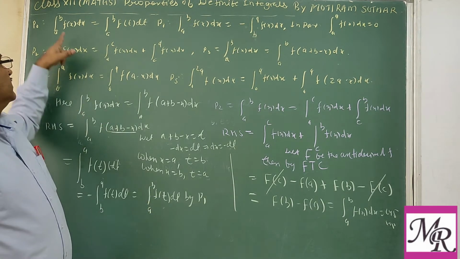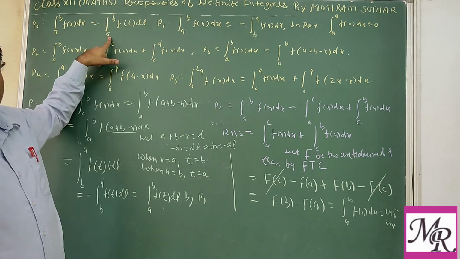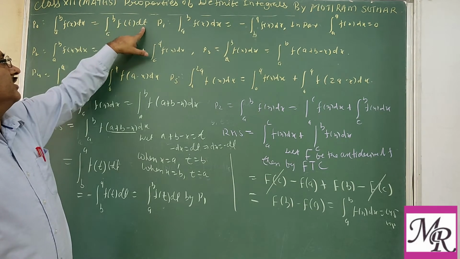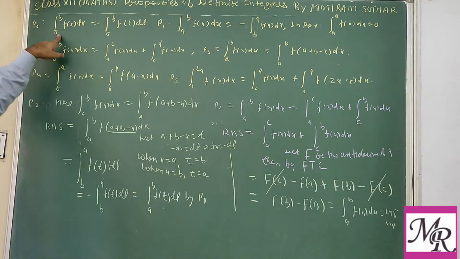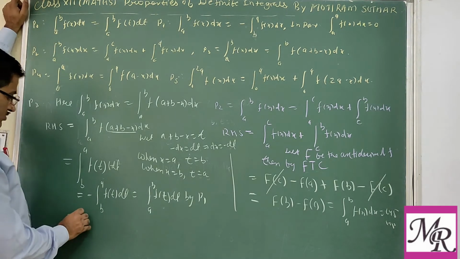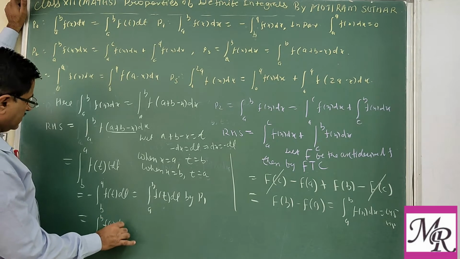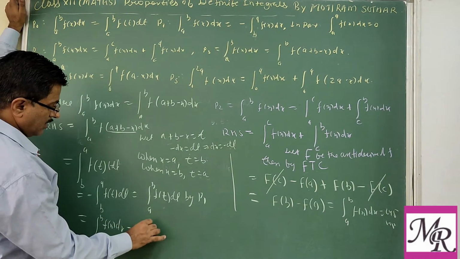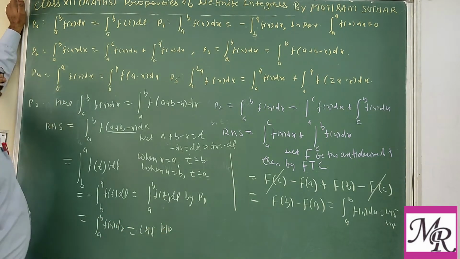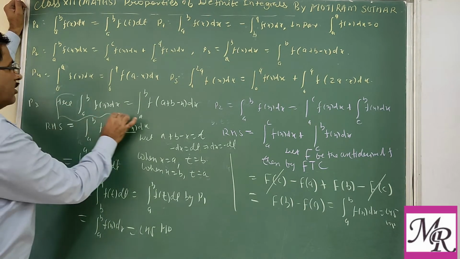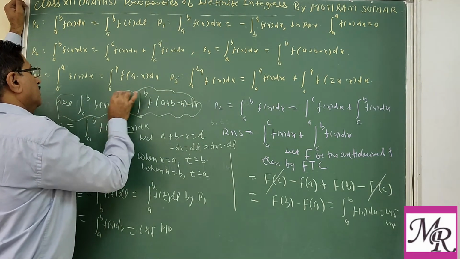Now again by P0. What says P0? Integral A to B f(t) dt is also equal to integral A to B f(x). So we can write integral A to B f(x) dx, which is equal to the left hand side. So this is a very important property.